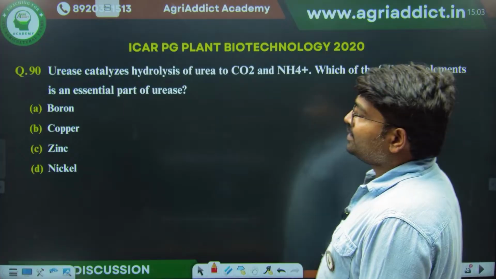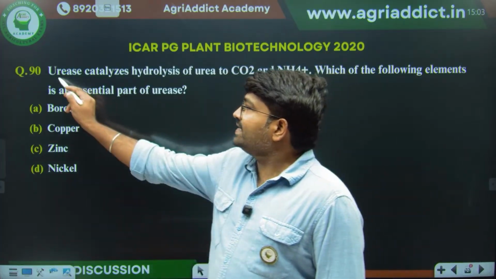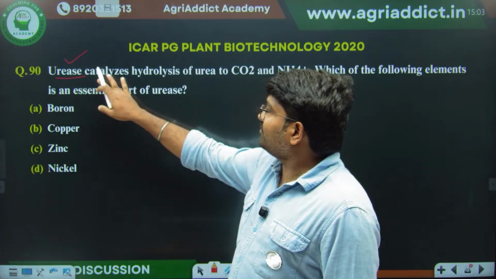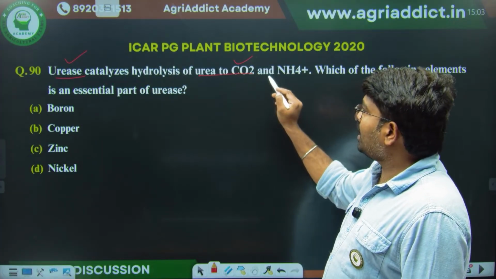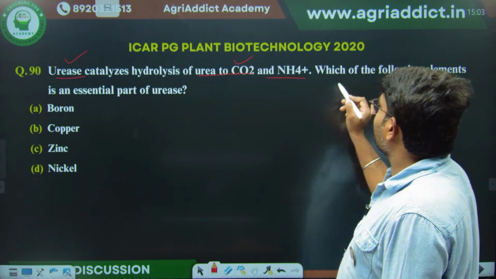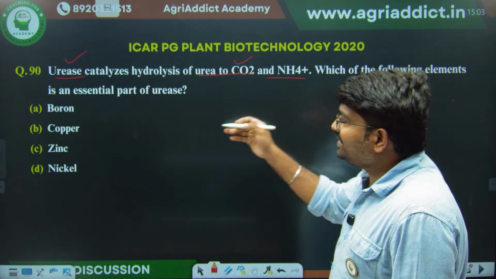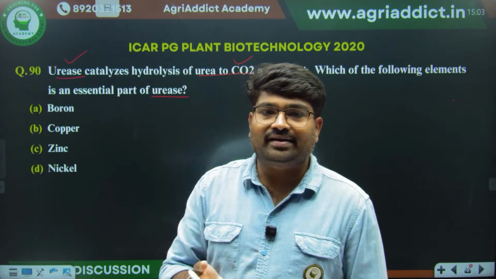Then another important question for cofactors and coenzymes. Urease enzyme catalyzes the hydrolysis of urea to carbon dioxide and ammonia. Which of the following elements is an essential part of urease? That means what is the cofactor for urease?